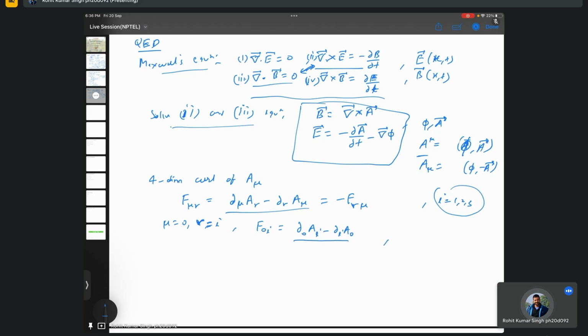You have A0 equal to phi and Ai is the vector potential, with a minus sign because we are taking the covariant one.